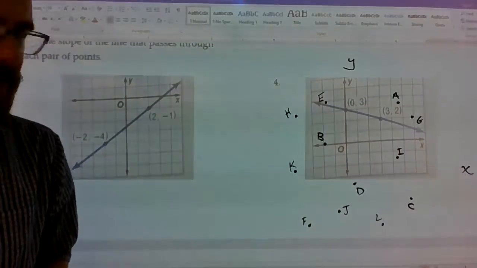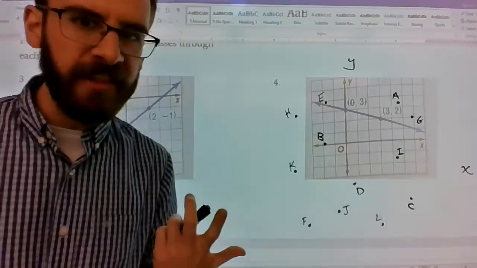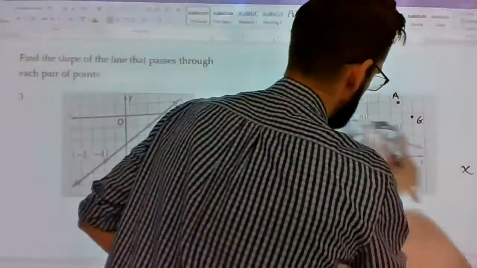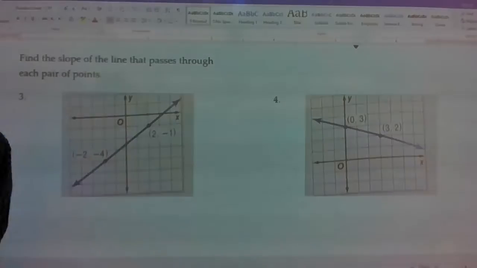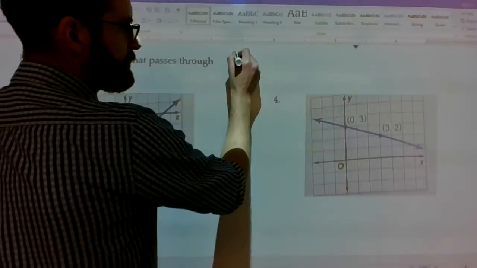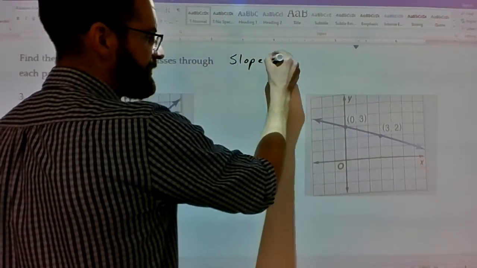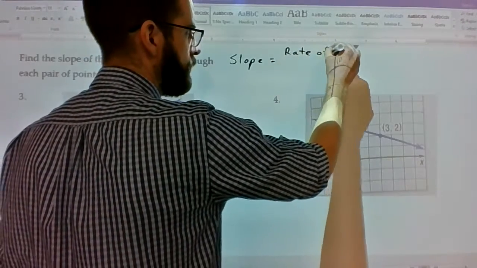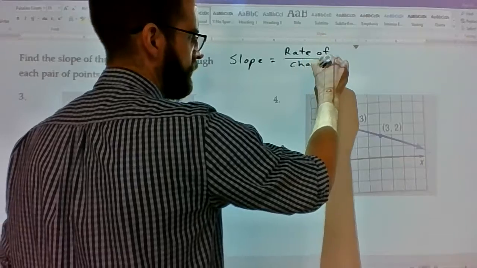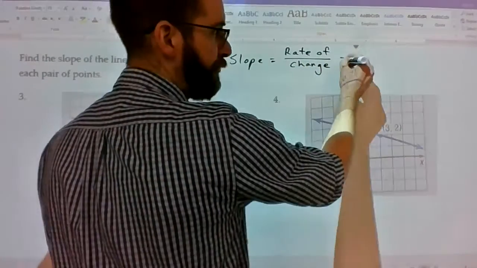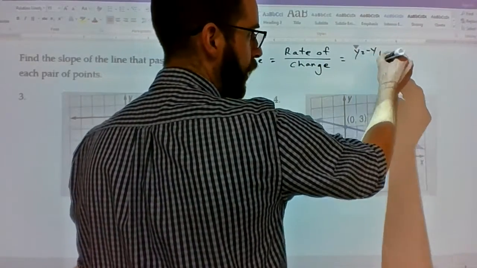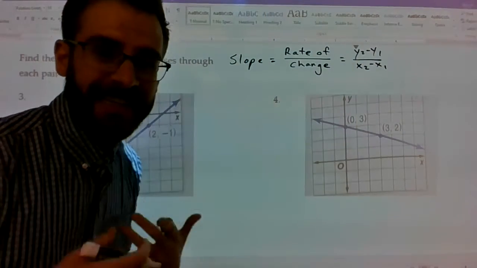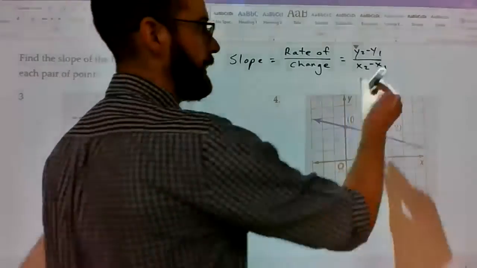All right, let's talk slope now. Slope is essentially the same thing as a rate of change. So if you understand that slope is the same thing as the rate of change, which is the same thing as the formula y2 minus y1 over x2 minus x1, which is the same thing as counting the rise over the run.